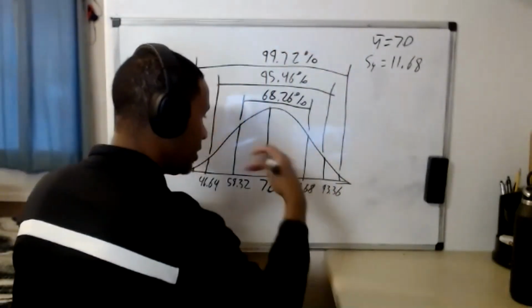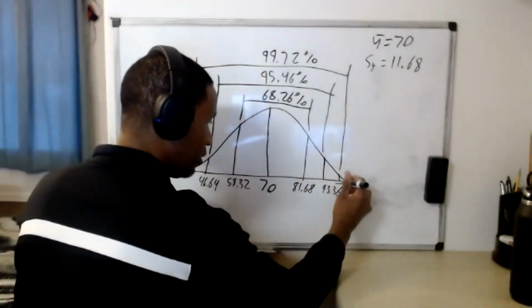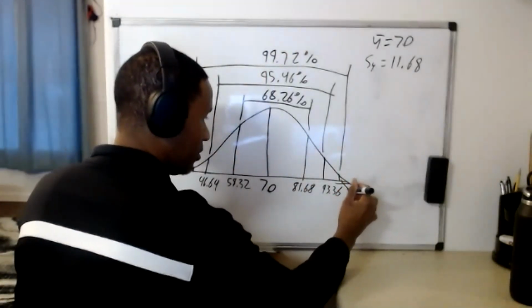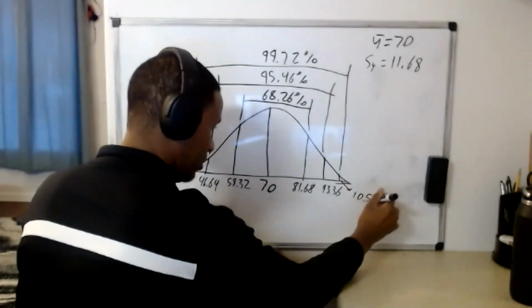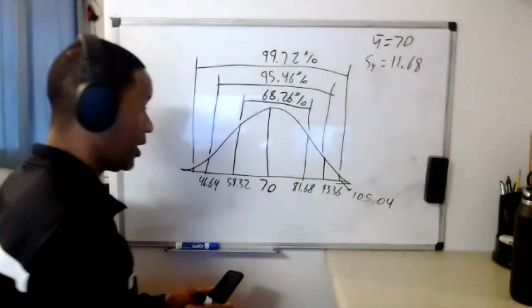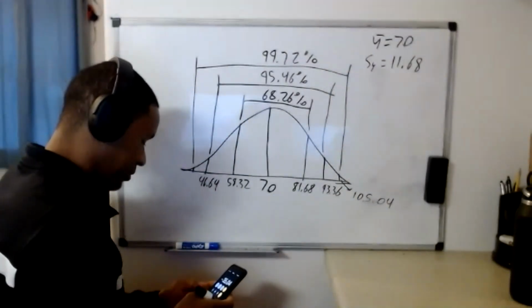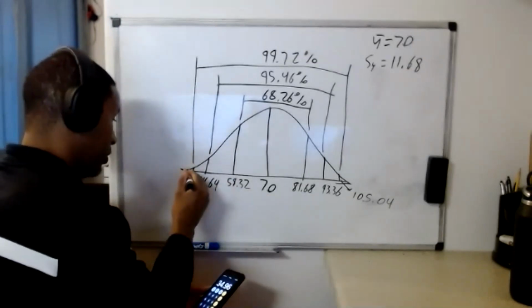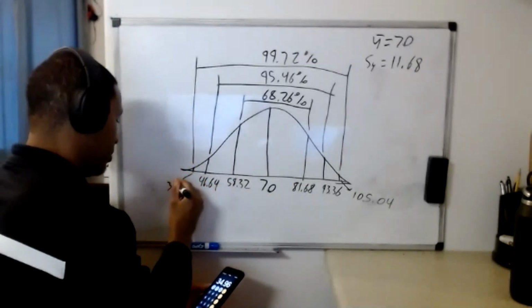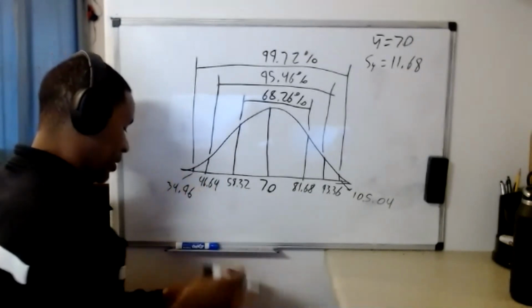Three standard deviations above the mean is 105.04, and three standard deviations below the mean is 34.96 on the low side.